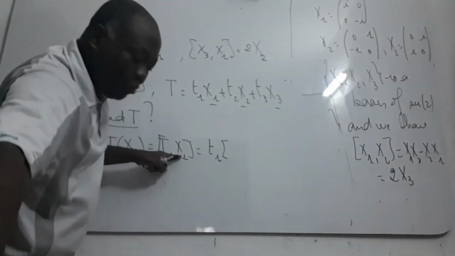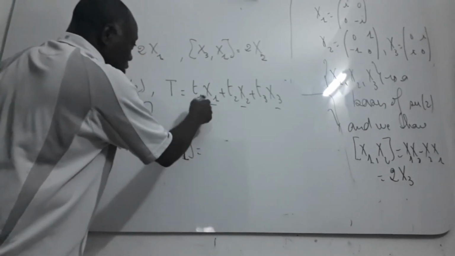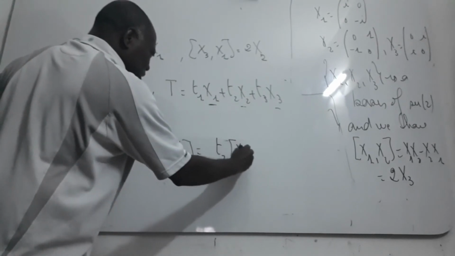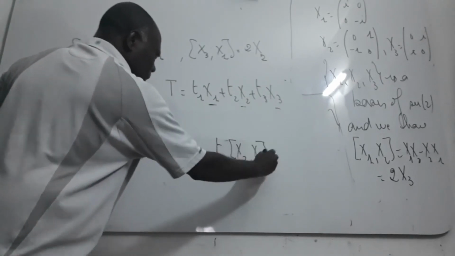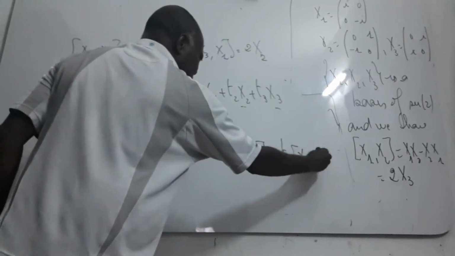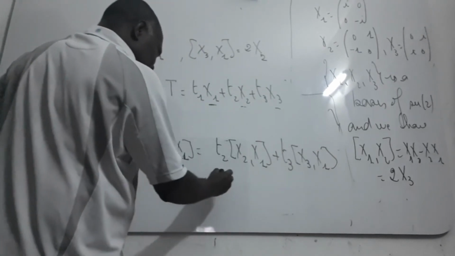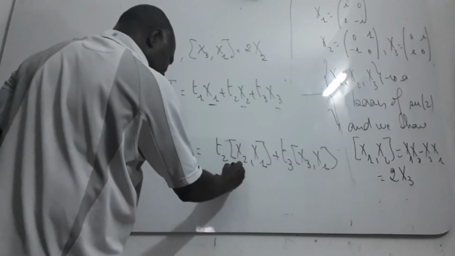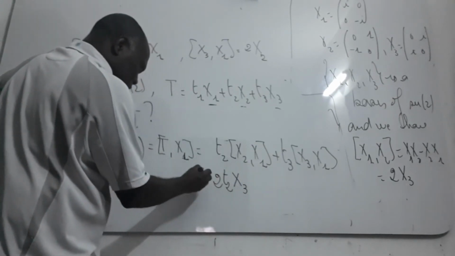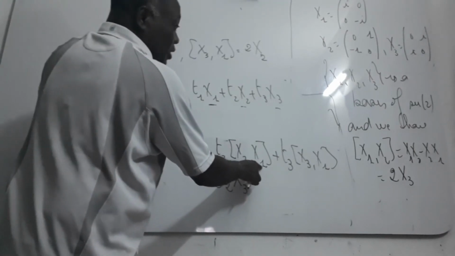For S2 you have T2 S2 S1 plus T3 S3 S1, which will be equal to 2 T2 S3 minus, because S2 S1 is minus 2 S3.